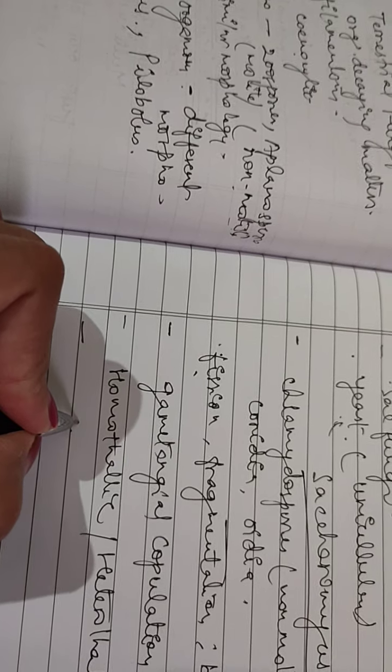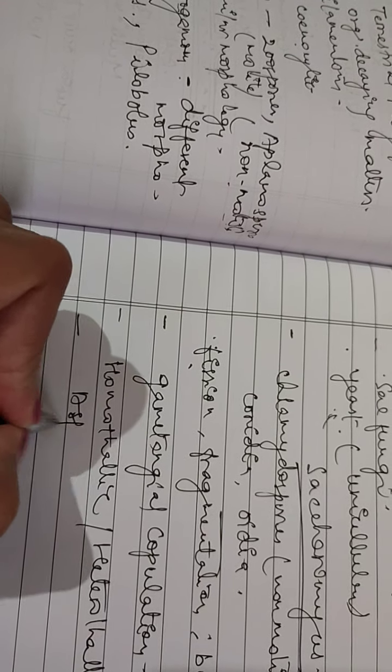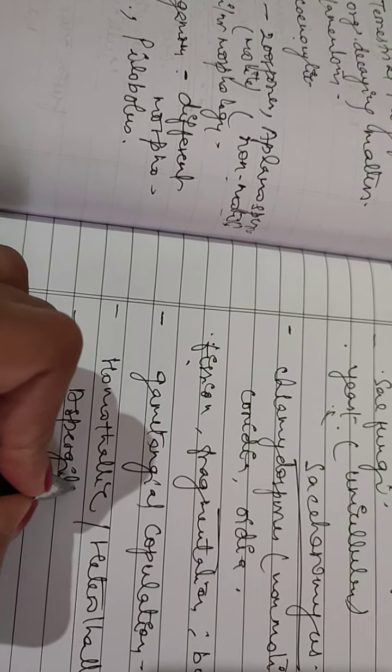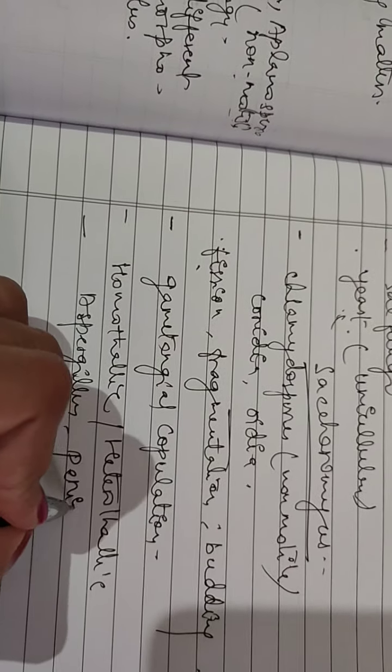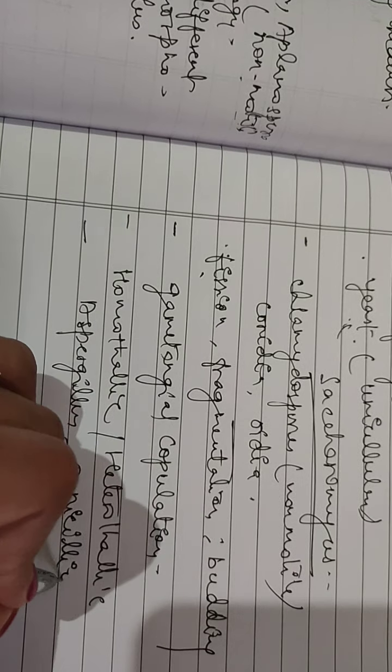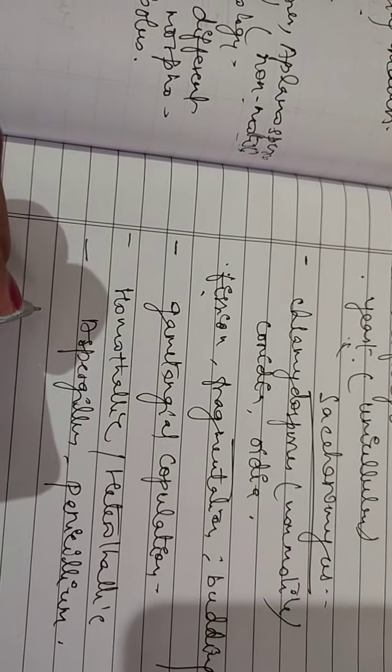And then examples are Saccharomyces, yeast, Aspergillus, Penicillium, where conidia formation occurs. This is also known as blue or green mold.